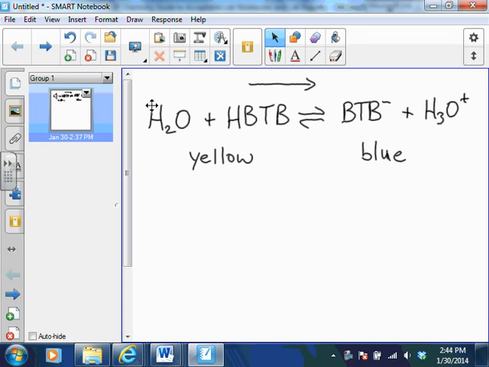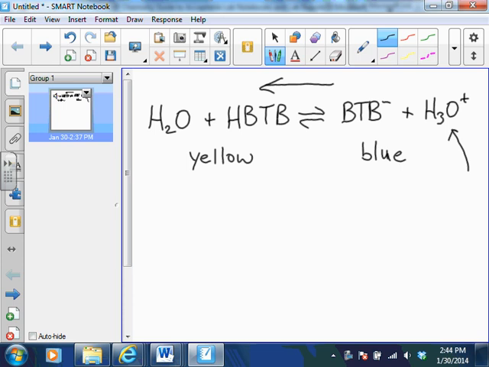So, let's start with the easy one. If you add acid, you're basically adding additional H3O+. So if you put the HCl into there, you're adding a product that's going to push the equilibrium this direction and make it more yellow.